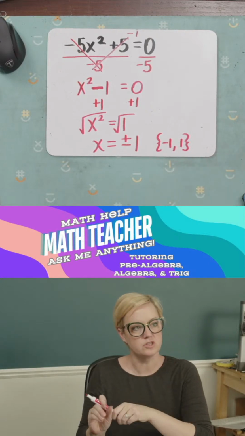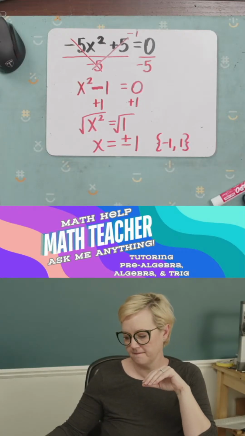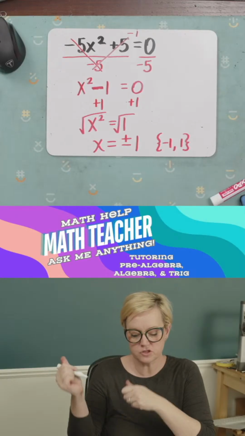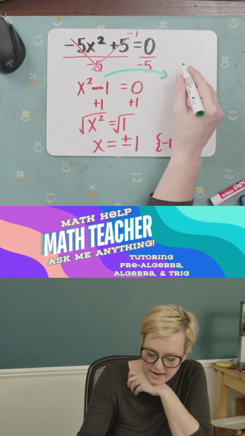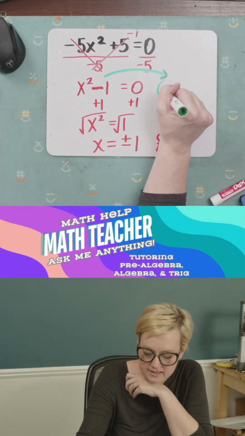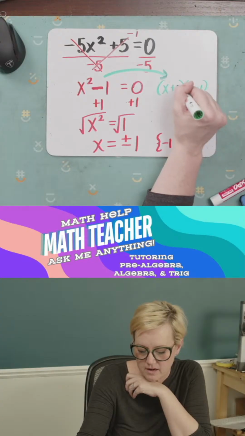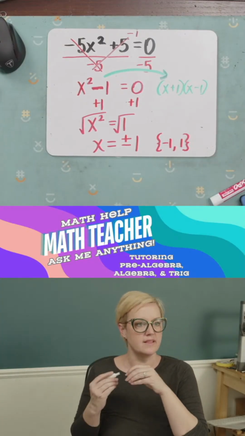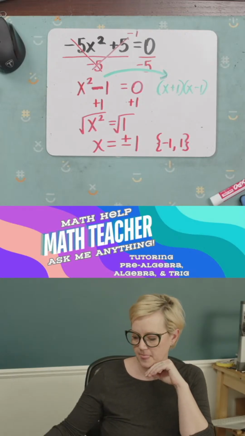Now, with a difference of squares like x squared minus 1, I can also factor this as x plus 1 and x minus 1. If I set those equal to 0, that gives me my plus and minus 1.